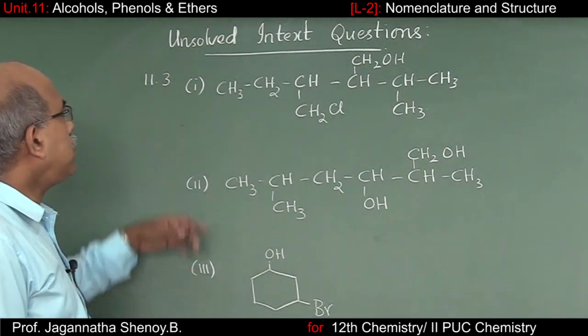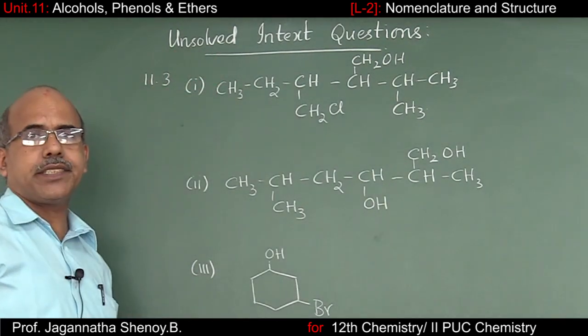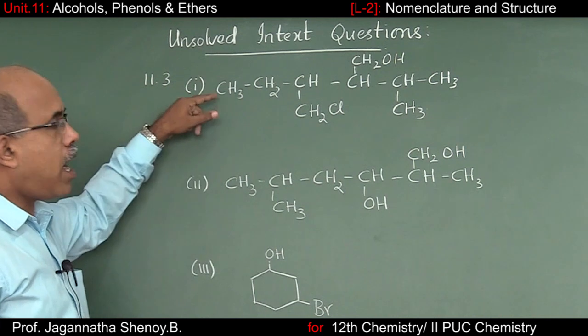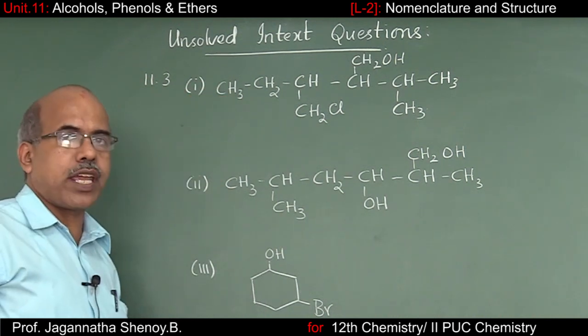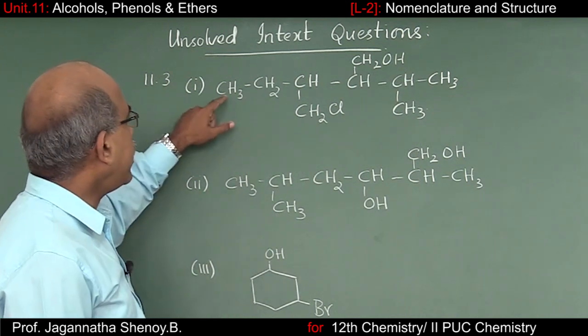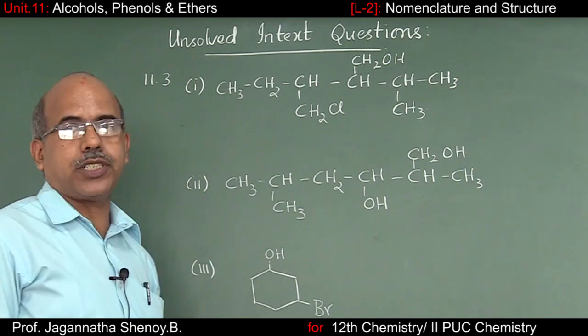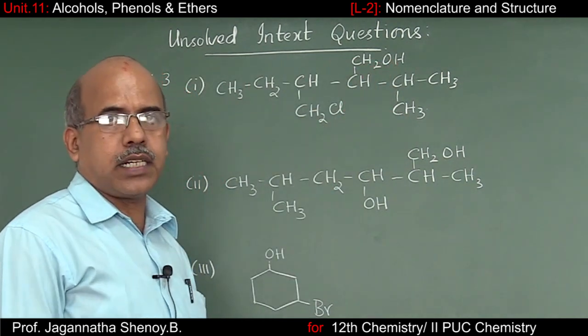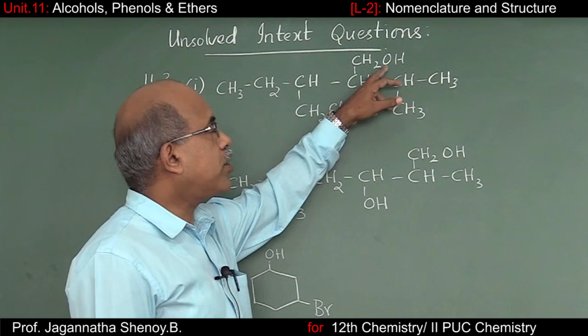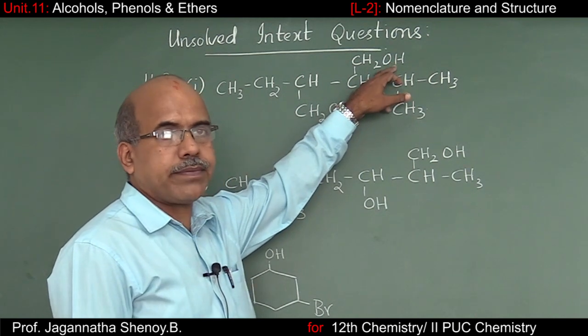We shall start from the unsolved in-text questions. Here they have asked you to write the IUPAC names for some molecules. The first one we consider is this structure. When you look at this structure, it's very clear that the principal functional group is OH.